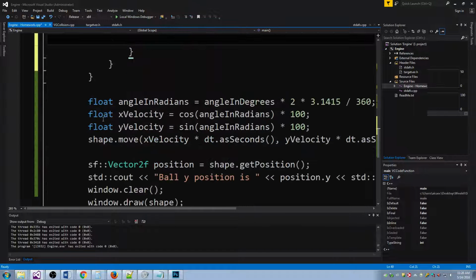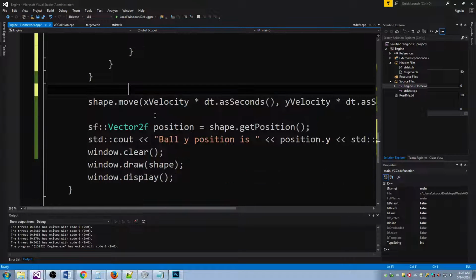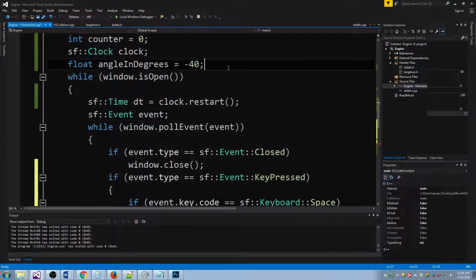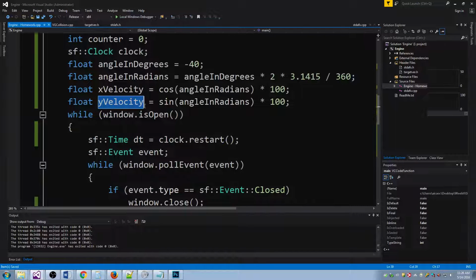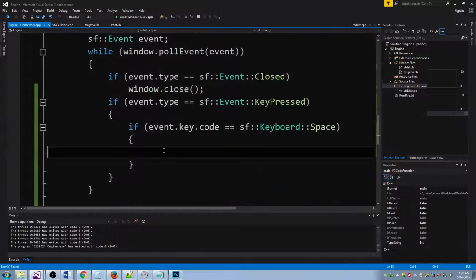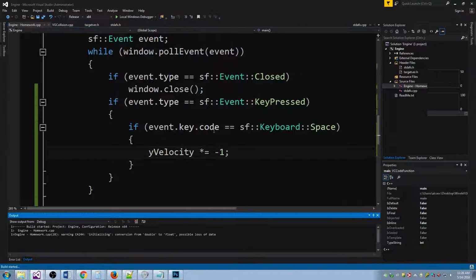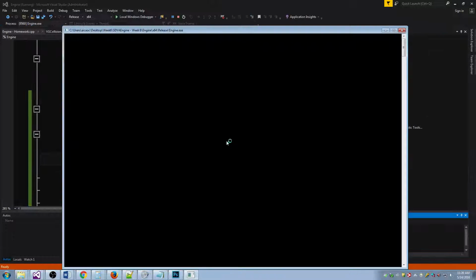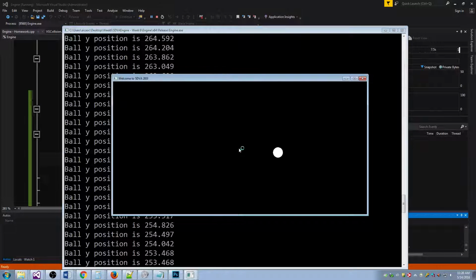I can set up my y velocity here. I'm just going to move all this stuff above. I already have a y velocity, hopefully you all have that too. If I just multiply this by -1, when I hit the spacebar, it'll actually flip the y velocity of my shape. All right, so it reverses it.